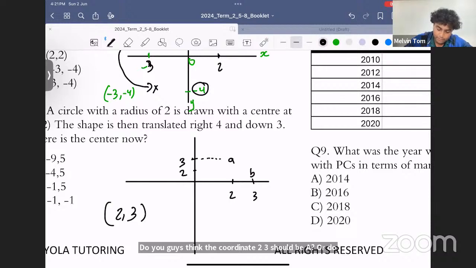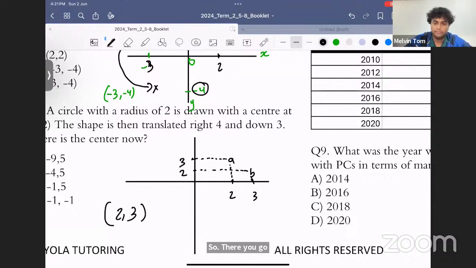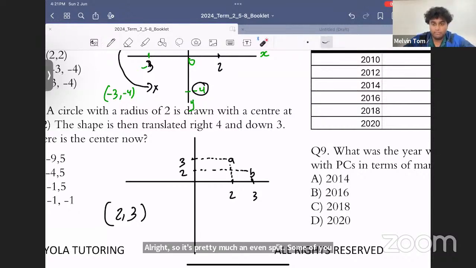So there you go. It's pretty much an even split. Some of you said A, some of you said B. The best way to know which way to read a coordinate is, there's two different ways actually.